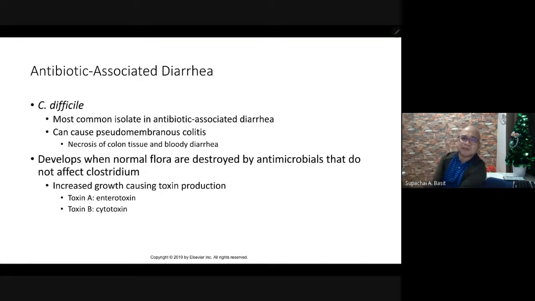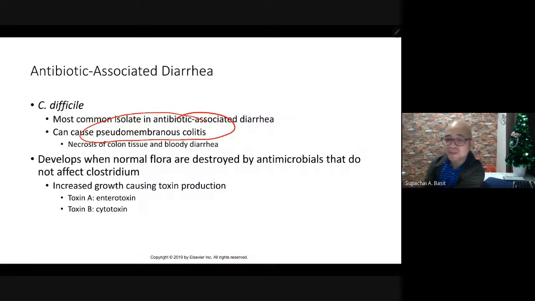And I think a while ago, I did mention the antibiotic-associated diarrhea. Clostridium difficile can cause pseudomembranous colitis. It is the necrosis of the colon tissue, and there would be bloody diarrhea. The reason why it causes antibiotic-associated diarrhea is that too much antibiotics destroys our normal flora, but it will not affect the Clostridium.